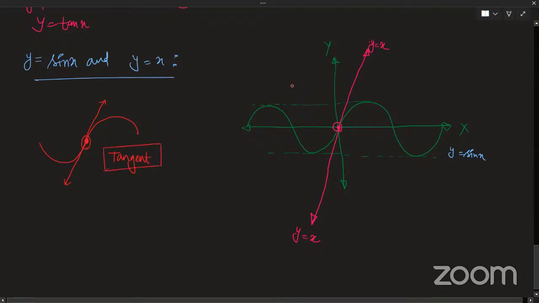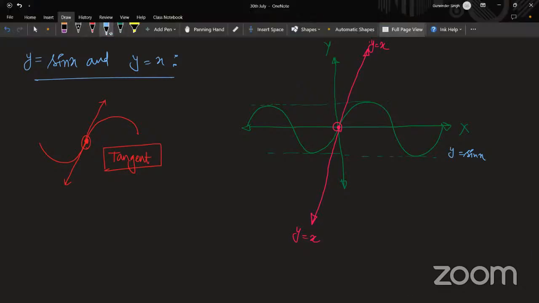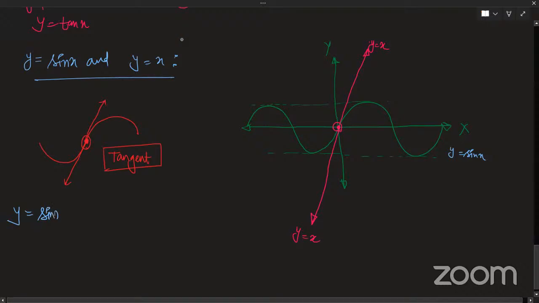Okay, so yes, you are absolutely correct. It is a tangent because it is just intersecting at that point, and I can confirm that also. Take its derivative. So you take the derivatives of both of these curves at x is equal to 0. I have this curve y is equal to sine x. Tell me what will be its derivative?